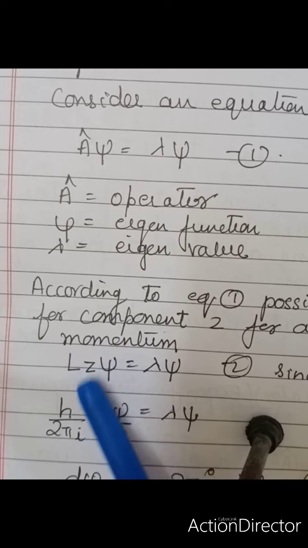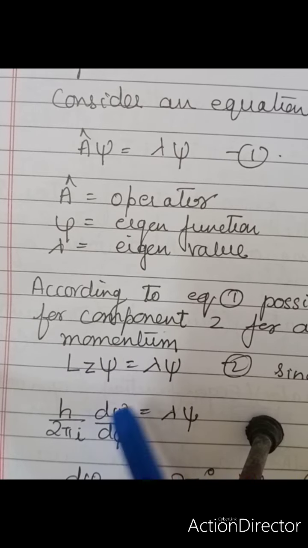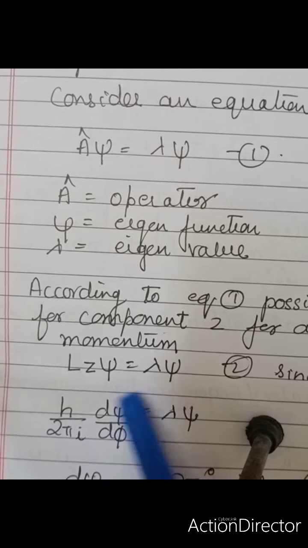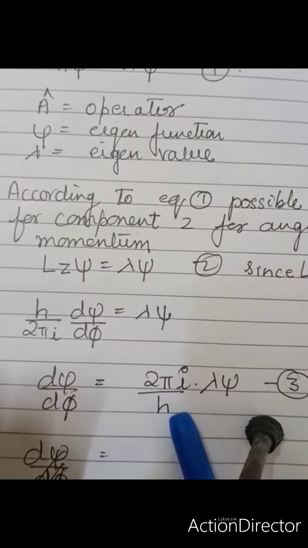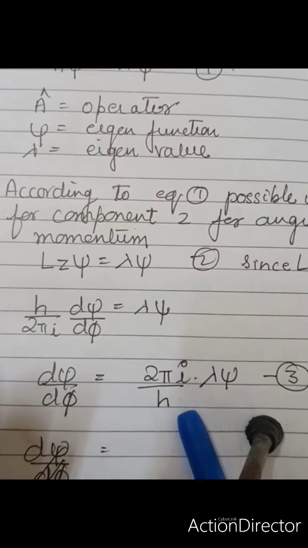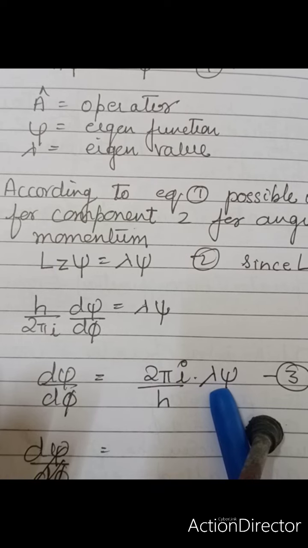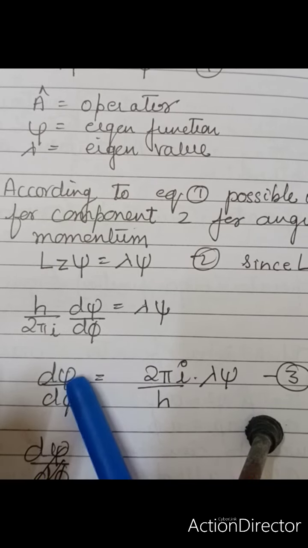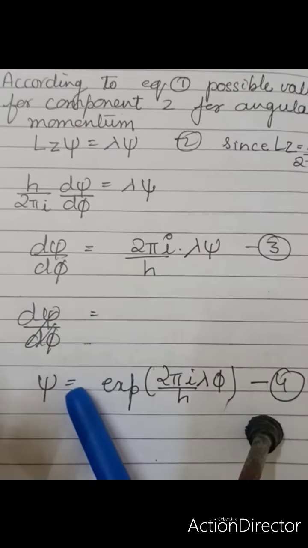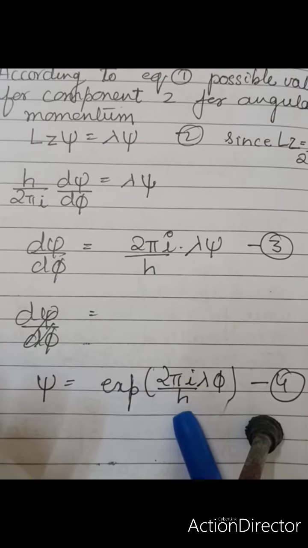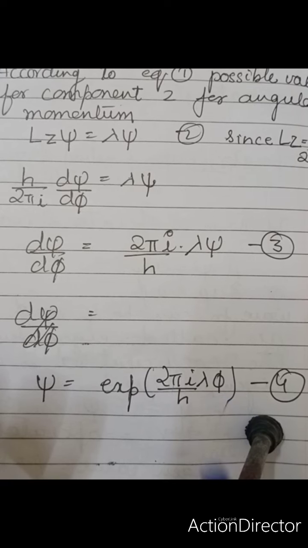Since it acts on psi, you will write h upon 2 pi i d psi by d phi. Taking the term to the other side, d psi by d phi becomes 2 pi i upon h lambda psi. So we want the value of psi, and it will be in terms of exponential 2 pi i upon h lambda phi.